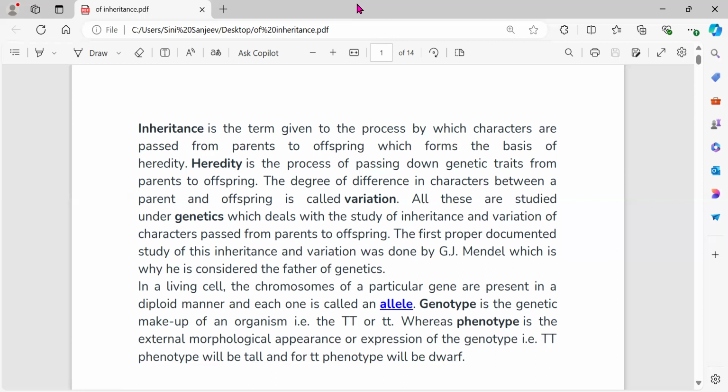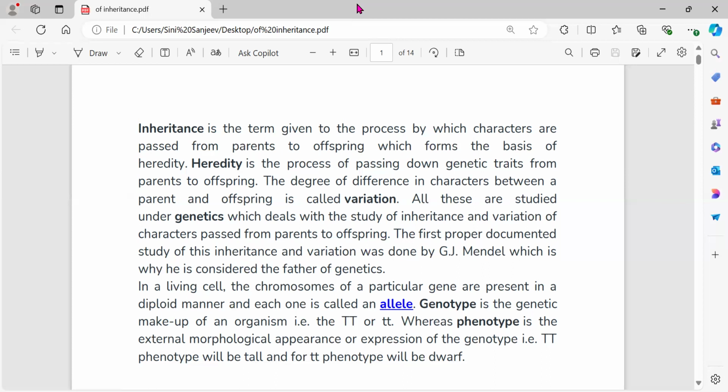He started by experimenting on the pea plant, Pisum sativum, because pea plants have many different characteristics which he could easily use for different types of experiments, which we are going to see further as well.